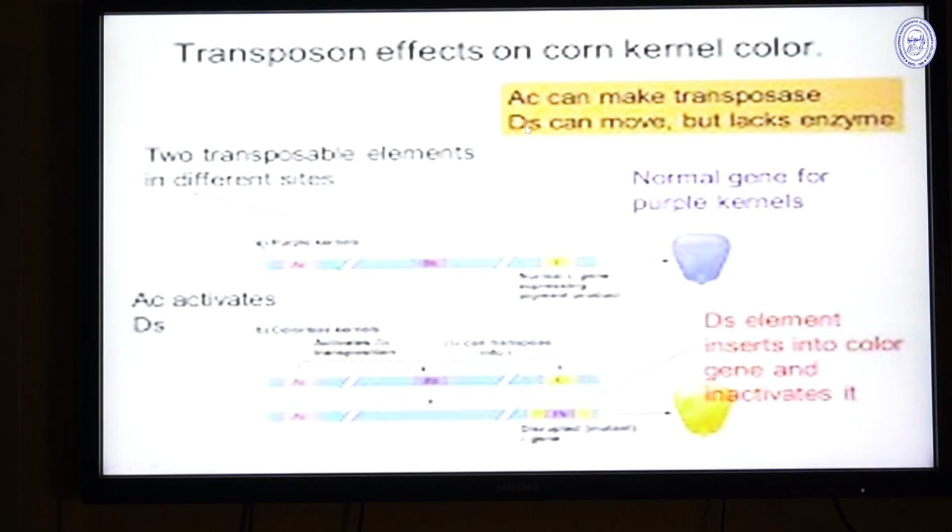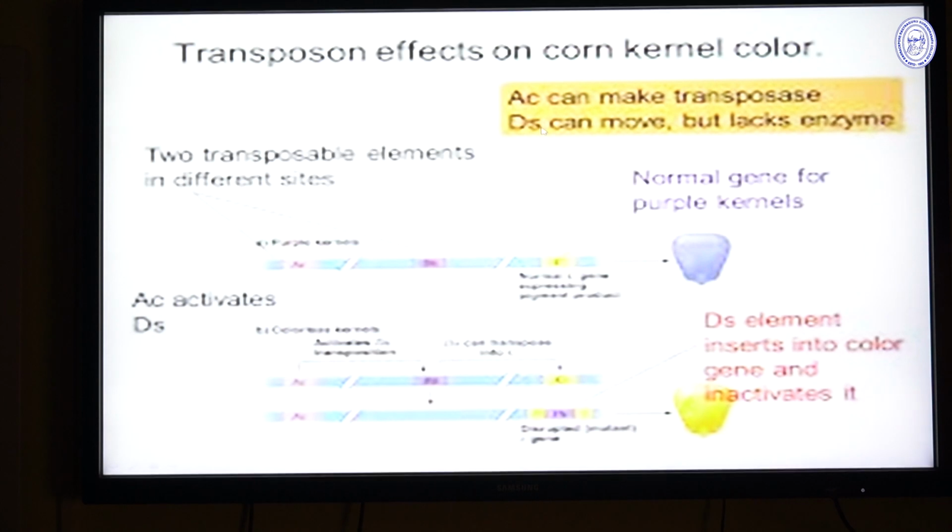That means it was lacking the enzyme called transposase, due to which, although it was a transposon, it was unable to take itself out of its original position and get inserted into a new DNA.